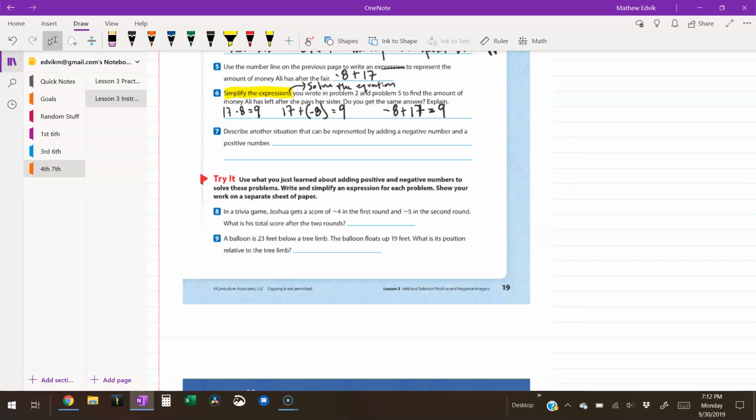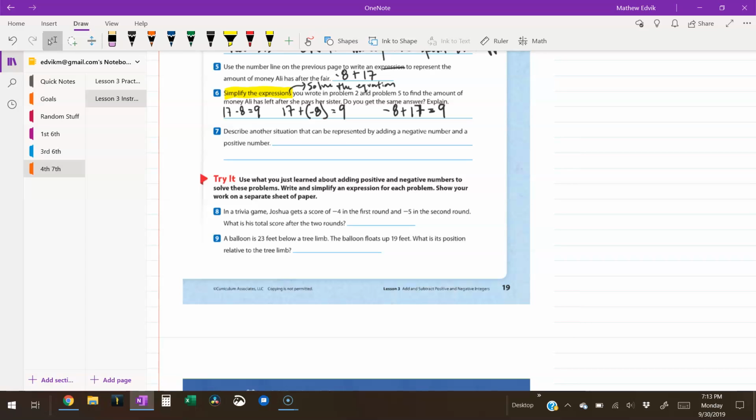So one that I thought of was, what if we drove down in elevation?